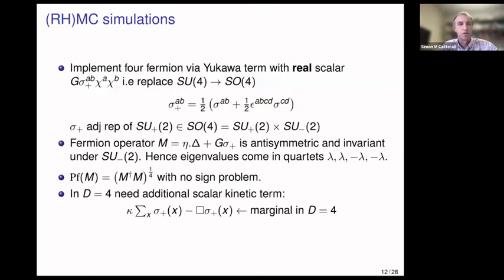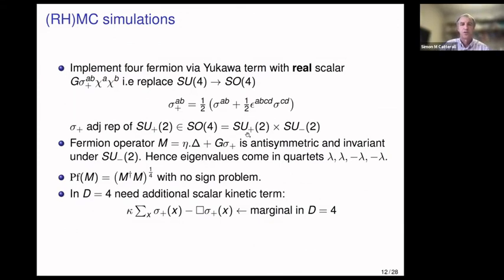Okay. When we looked at this ourselves, we wanted to do it through Monte Carlo simulation. So we actually replaced this SU4 symmetry by an SO4 symmetry and basically coupled the fermions together to a real scalar. In fact, you can reproduce the 4 fermion term we were looking at by essentially making the scalar transform under one of the SU2s, which make up the SO4.